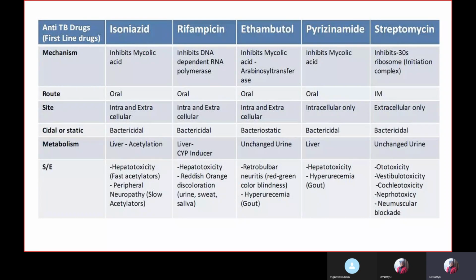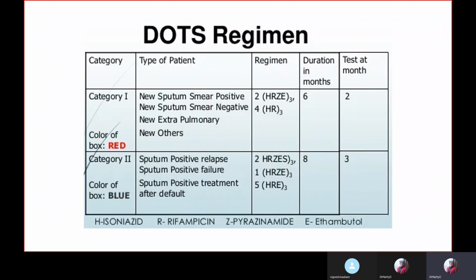Remember, hepatotoxicity is not a very classical feature, whereas nephrotoxicity is classical for streptomycin. So that drug you have to remember. And for rifampicin, reddish orange urine is a classical feature. So antitubercular drug side effects are very important for all the drugs, of which rifampicin and streptomycin side effects are most important.